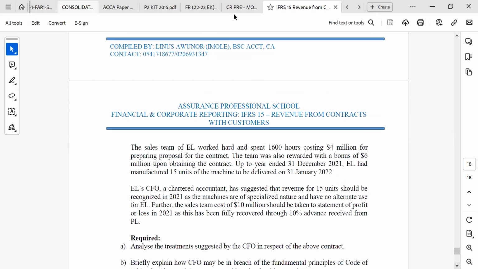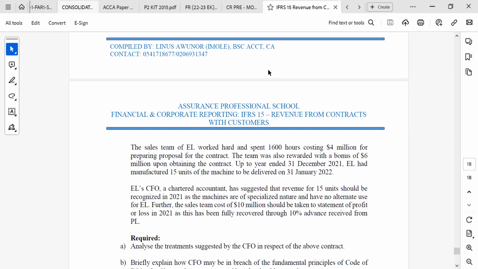EL's CFO, a chartered accountant, has suggested that revenue for 15 units should be recognized in 2021, as the machines are of specialized nature and have no alternate use for EL. Further, the sales team cost of $100 million should be taken to the statement of profit or loss in 2021, as this has been fully recovered through the 10% advance received from PL.